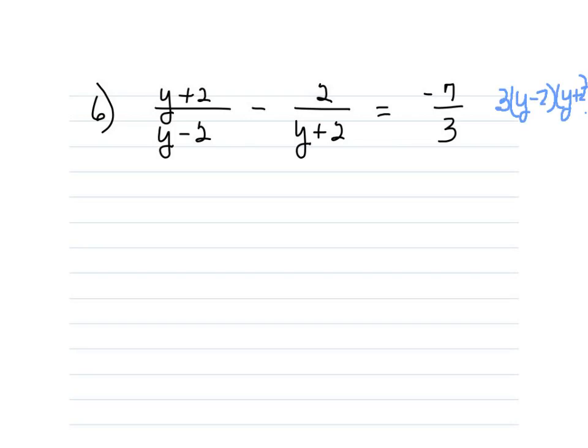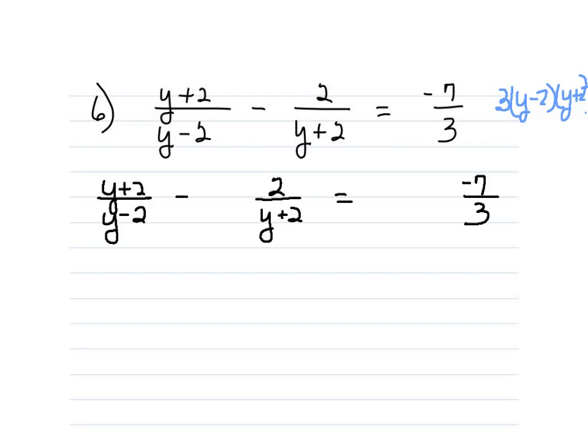So I'll rewrite this to make it nice and neat, to have enough room in between terms so that I can multiply. So (y + 2)/(y - 2) - 2/(y + 2) = -7/3.